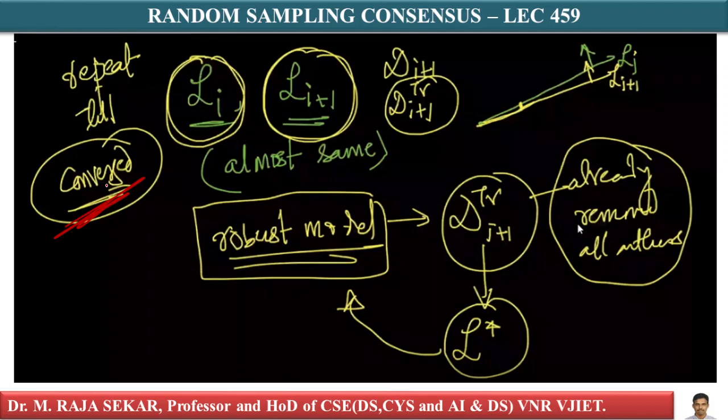So finally, at the end of the iteration, you will get DTR I plus 1, the final robust data. Now you train a final model L star on top of DTR I plus 1. This L star is the robust model.